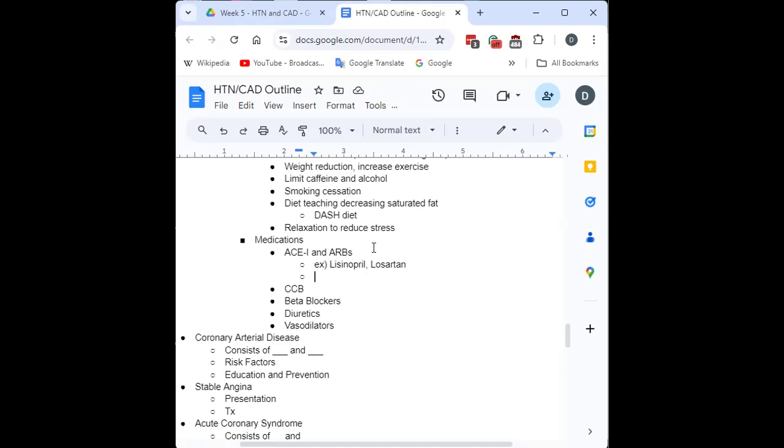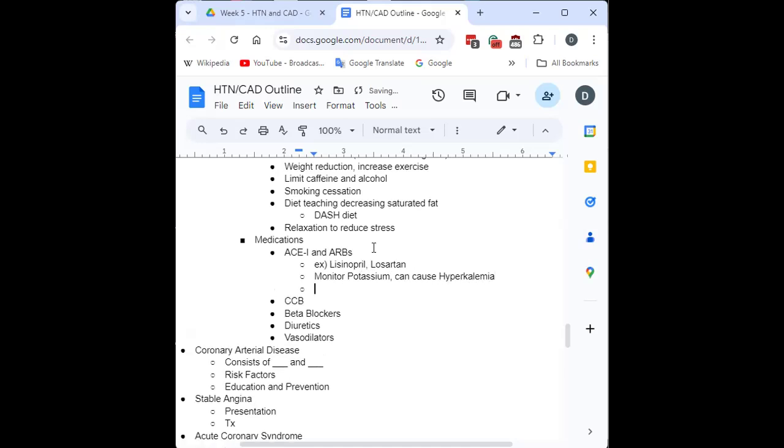Angioedema. Lisinopril can cause coughs. When the patient is taking lisinopril and has a cough, first you assess their lungs, because is it a cough because of the lisinopril, or is it because you're going into heart failure? So that's something to assess for.